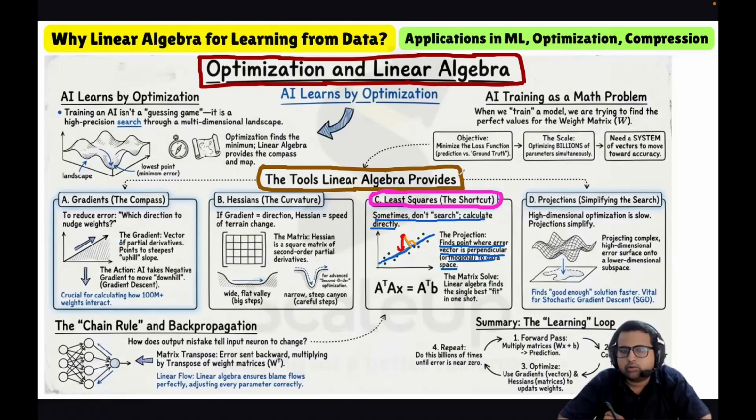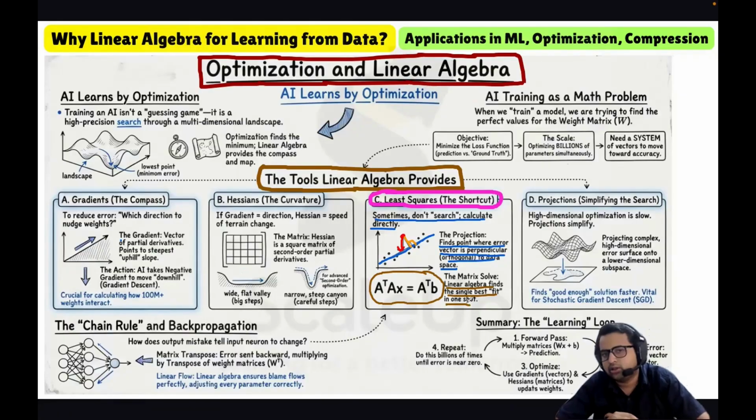So in regression, if we just solve this equation, A transpose AX equals A transpose B, the linear algebra will find the single best fit in one shot. So no need to do any gradient descent or search. Just solve this equation to get the single best fit.